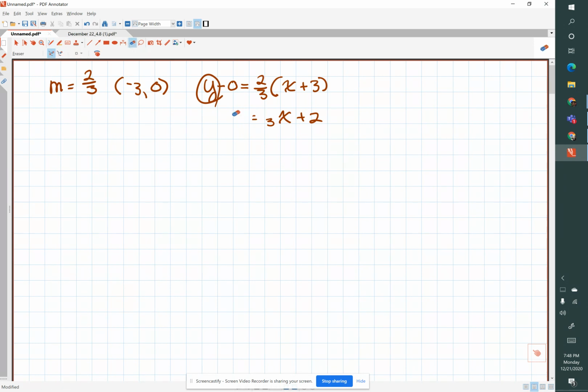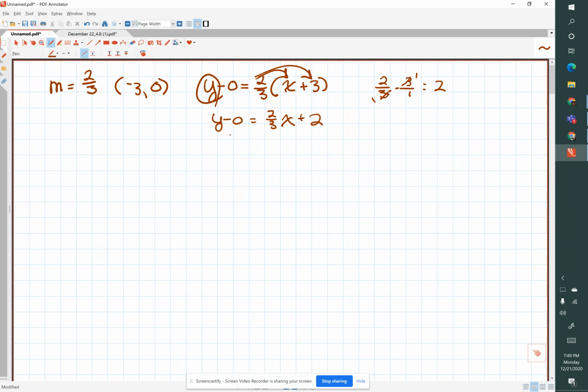So if you're confused about how we got there, first we distribute. So y minus 0 equals 2/3 x, and then we need 2/3 times 3. Well, 2/3 times 3, we cross cancel there, equals 2.